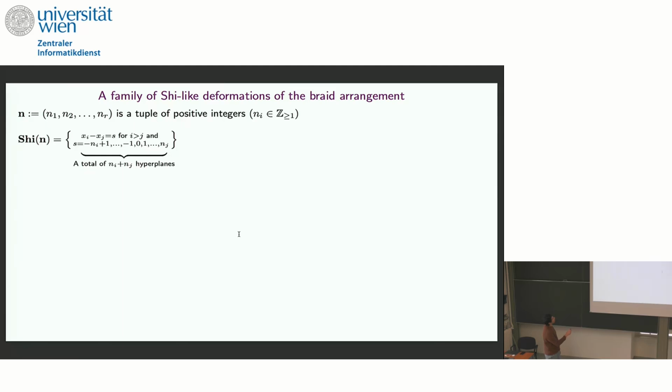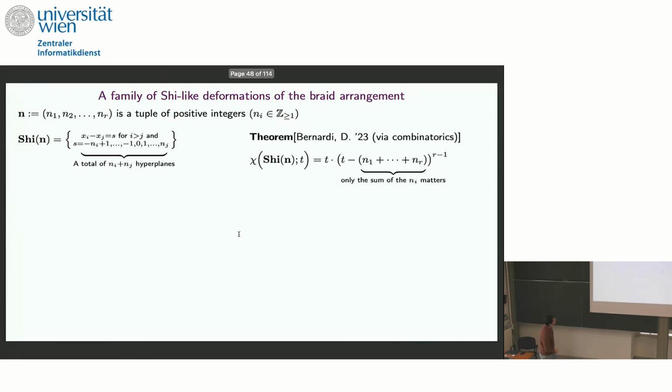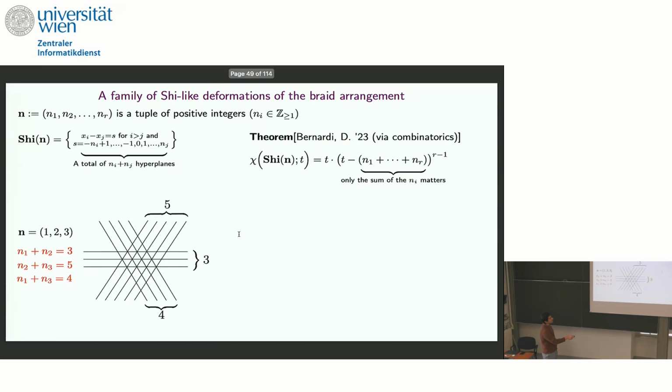So my tuple of numbers is going to determine different endpoints of the interval where I'm placing the parallel hyperplanes, but I'm going to depend on r many parameters, as many as the dimension of my space. We proved with Olivier Bernardi in a combinatorial way that the characteristic polynomial factors and its structure only depends on the sum of the parameters that form this tuple.